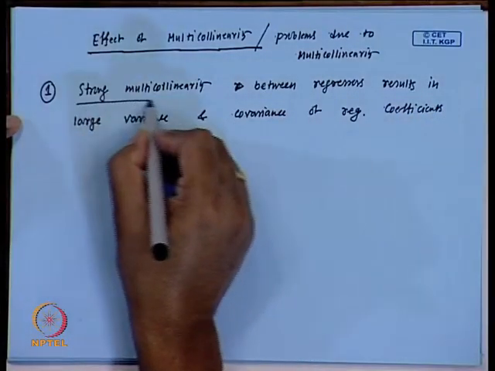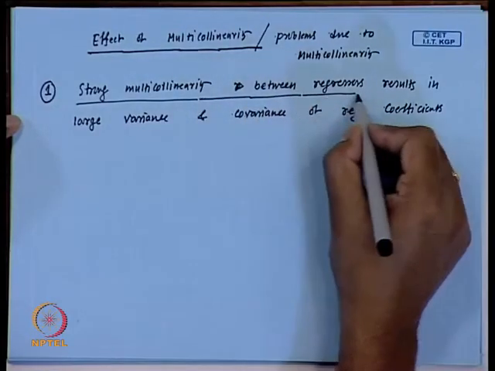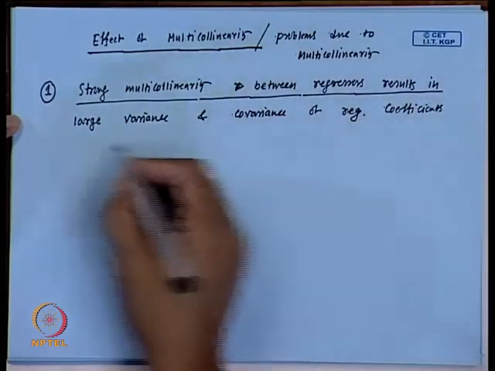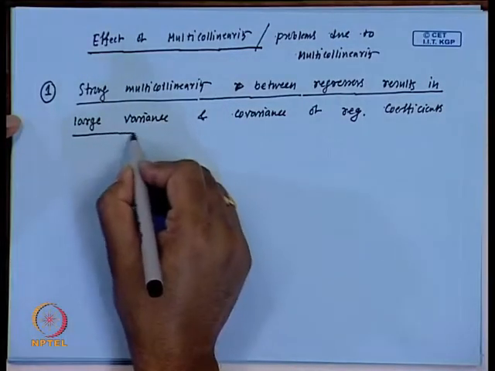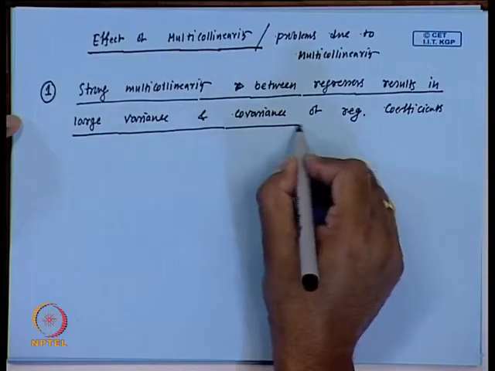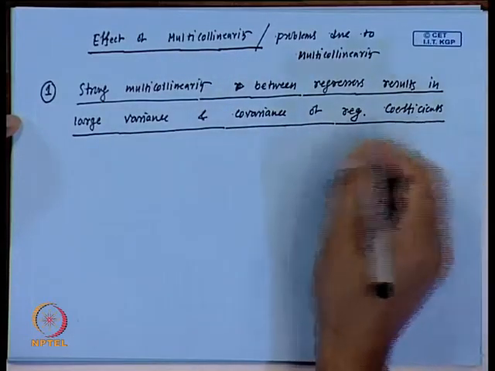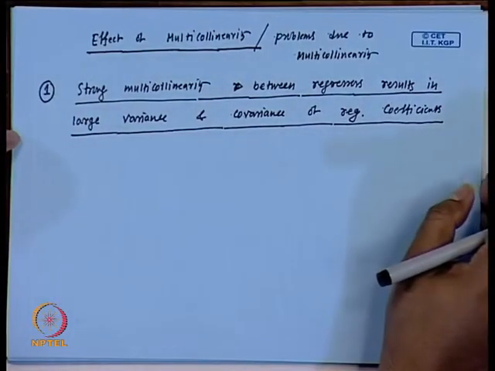Okay. So, now I am going to illustrate what I mean by this. This says that if there exists a strong multicollinearity in the data, then that results in large variance and covariance of regression coefficients.